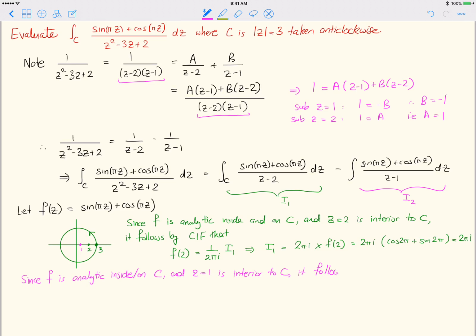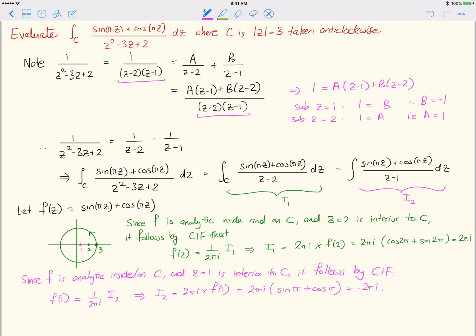So it follows by Cauchy's integral formula that f of 1 will equal 1 on 2 pi i times that integral which I've called I2. So therefore I2 will equal 2 pi i times f of 1. Now f of 1 is going to be sine pi plus cos pi. Sine pi is 0, but cos pi is negative 1. So this is negative 2 pi i.